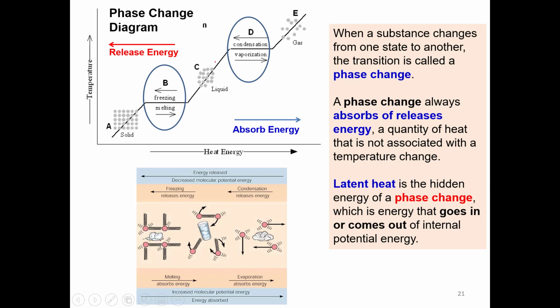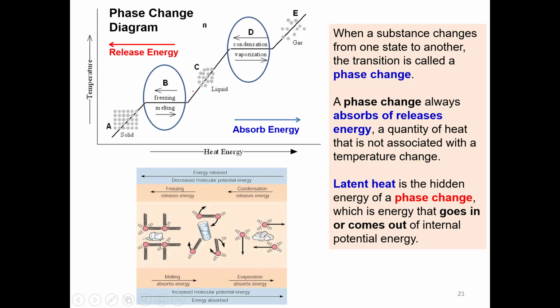Yes, turned into liquid. But we can see here, if the material is absorbing heat, from this point to this point, even though the material is absorbing energy, there is no increase in temperature. Why does this happen? Yes, why, if the material is absorbing energy, is the temperature not increasing?